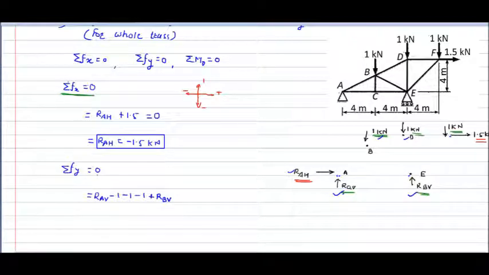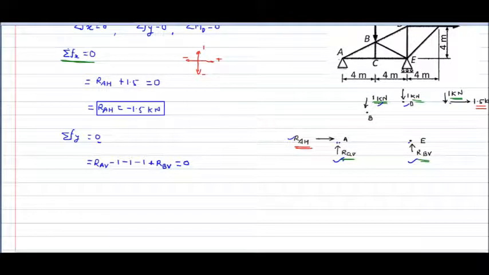As per our condition of equilibrium, all these forces should be equal to 0. So from the second condition we got one more equation: RA vertical plus RB vertical is equal to minus 1 minus 2 minus 3. Minus 3 will go to this side and become plus 3.